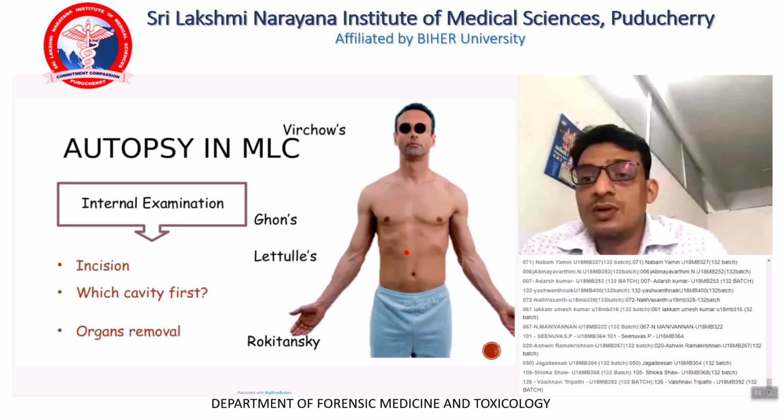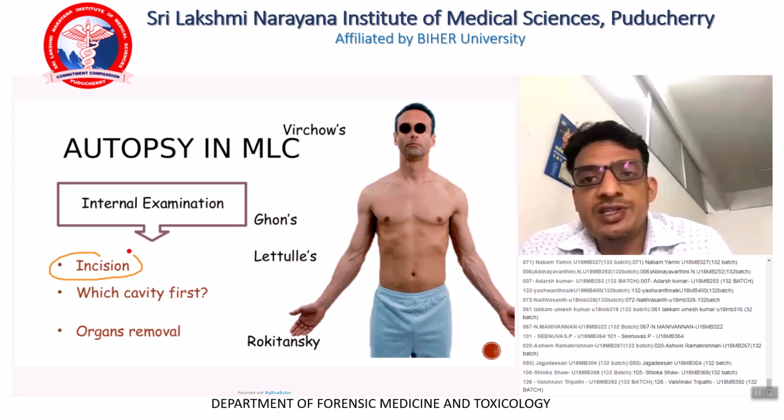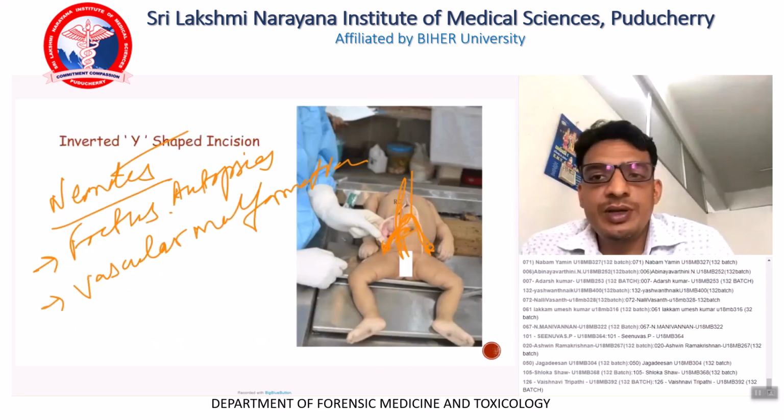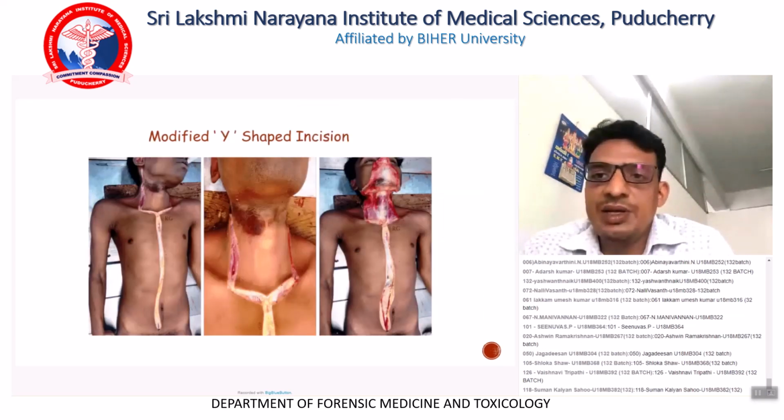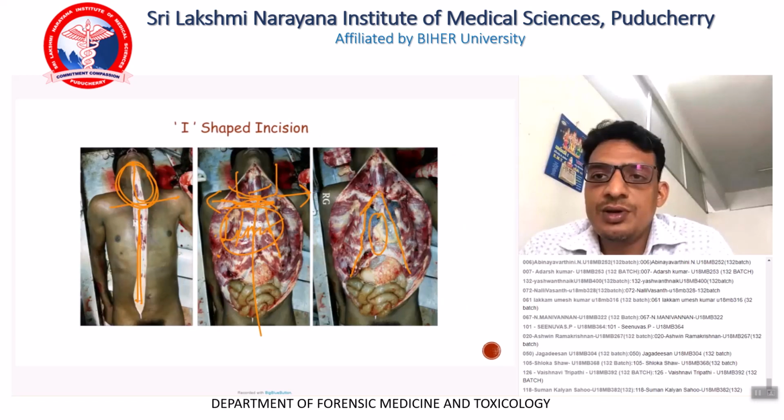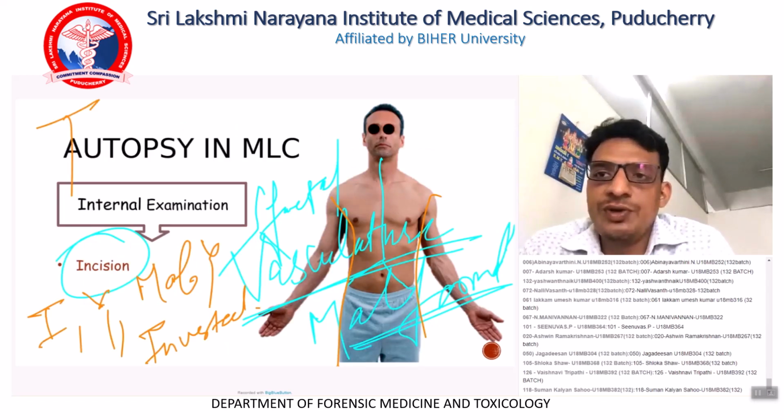In internal examination, we have already covered the different incisions. Then we will see what is the cavity. One thing to be emphasized over here, when we are examining the head of a person, we will go for a bimastoid incision. In a coronal plane, we will go with a bimastoid incision. And then we will raise an anterior flap and a posterior flap.